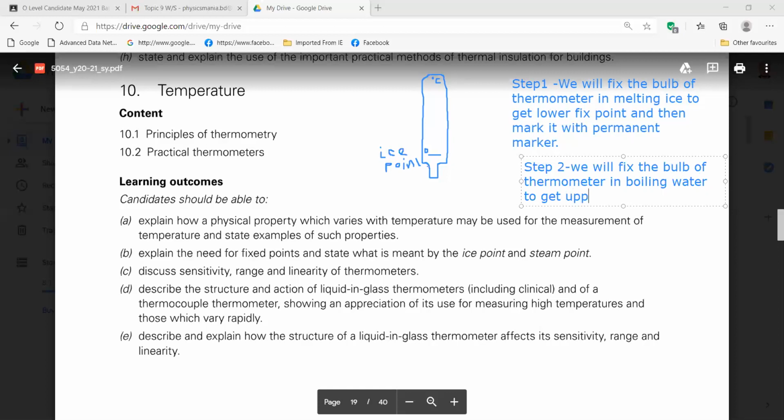Yes. And mark it. Is it clear? Yes, sir. So, for example, you get the upper fixed point here at the top, right? Yes. Here it is 100 degrees Celsius.